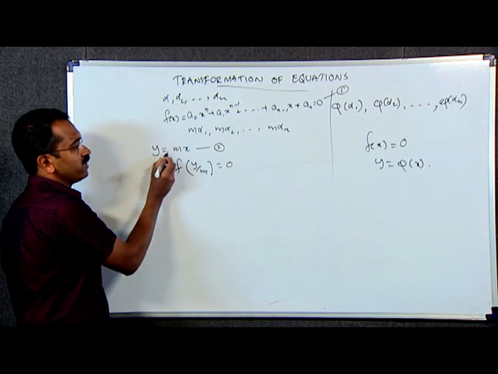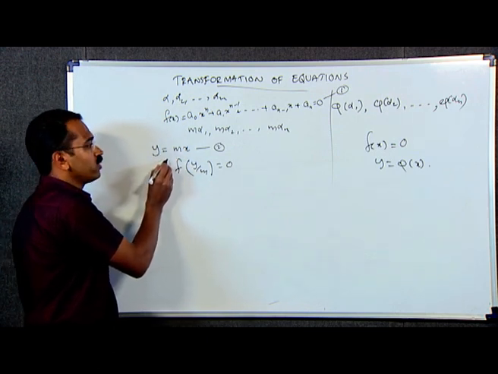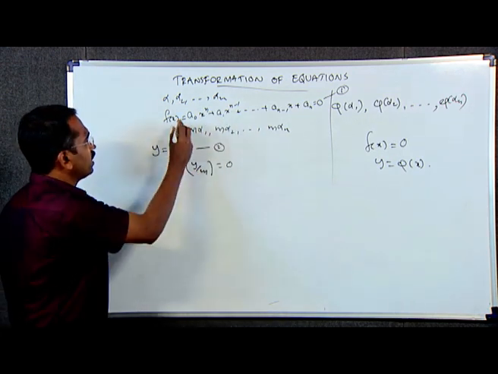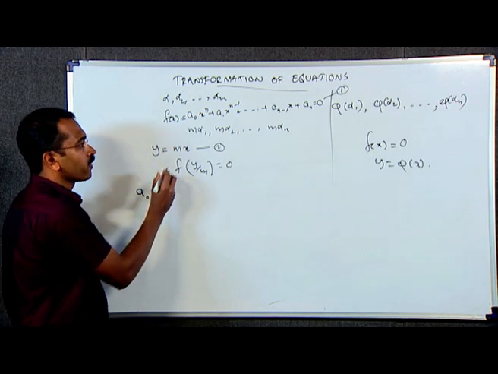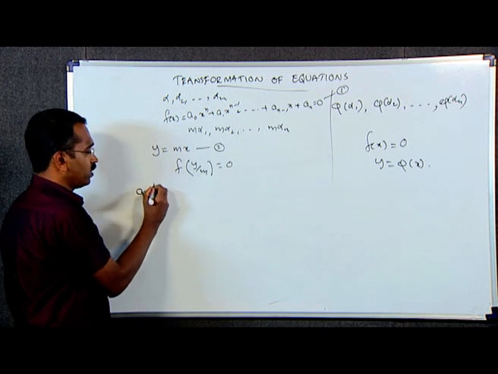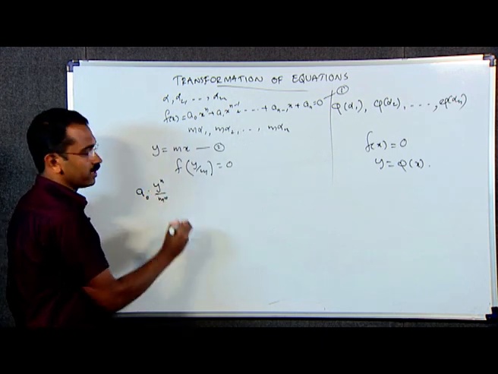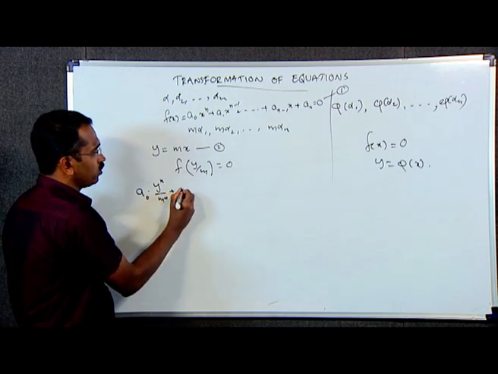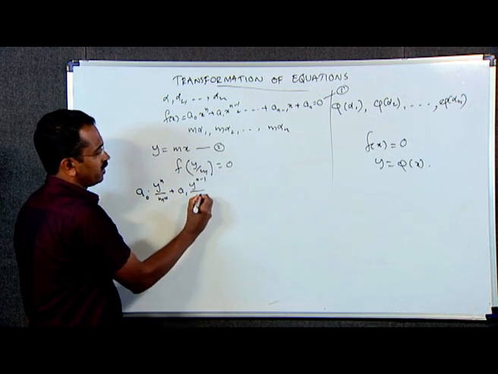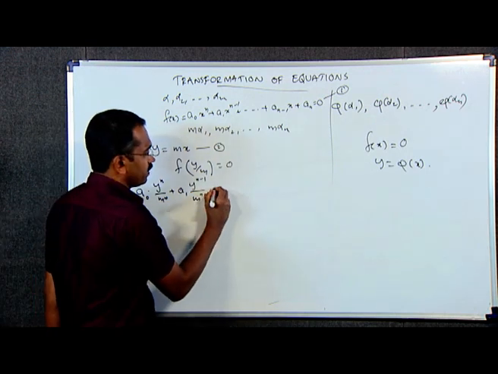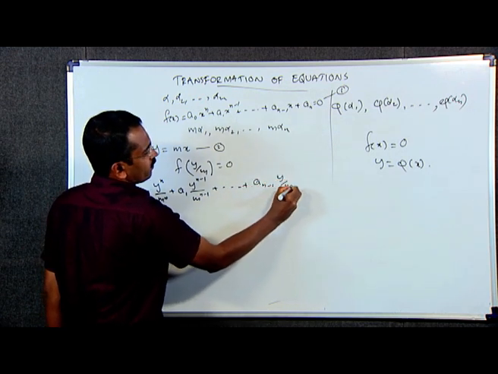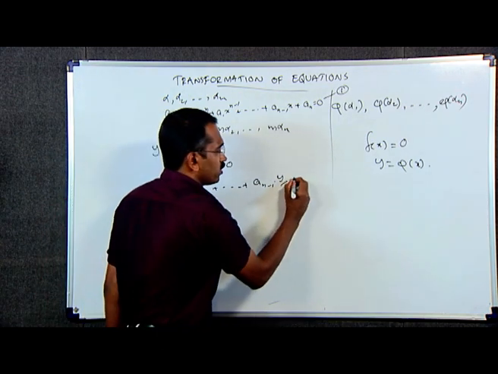From here we can write x is equal to y by m. Substituting x equal to y by m in the first equation, we will get a naught into y by m all raised to n, that is y raised to n divided by m raised to n, plus a1 into y raised to n minus 1 divided by m raised to n minus 1 plus etc. plus a n minus 1 into y by m plus a n is equal to 0.